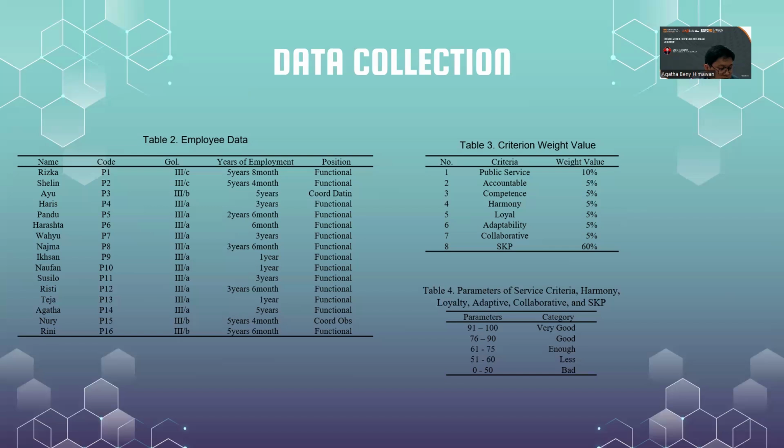The criteria for assessing employee performance are service, accountability, competence, harmony, loyalty, adaptability, collaboration, and employee work goals. The assessment parameters for each criterion are different. Table 4 shows the assessment parameters for the service, harmonious, loyal, adaptive, collaborative, and STP criteria.